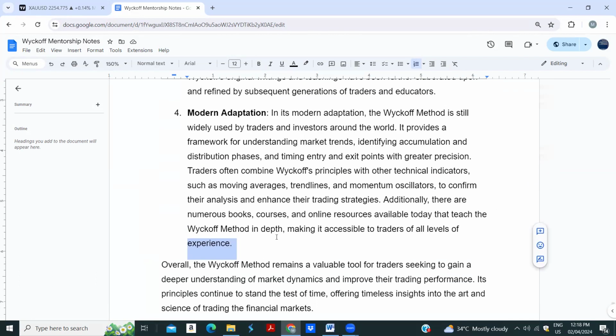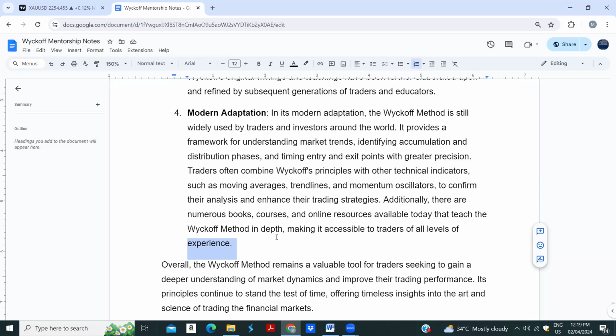So in modern times, the Wyckoff method has been adapted to the modern market. Traders are employing different technical indicators and combining them with the Wyckoff principles. These indicators are such as moving averages, trend lines, and volume and momentum indicators to confirm their analysis and enhance their trading strategies.